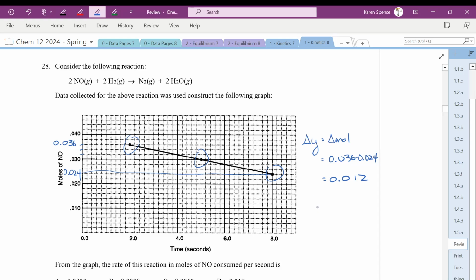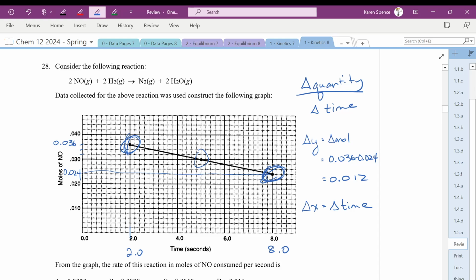Oh, did you want me to finish it? Yes. So we always need delta quantity over the change in time. So my time would be my delta x, which would be delta time. Since I chose these two points here, I'm starting at 2 and finishing at 8. I sort of did this the wrong way around, but because they're all positive values, I'm not going to worry about the fact that it should be a negative rate because it's decreasing over time.